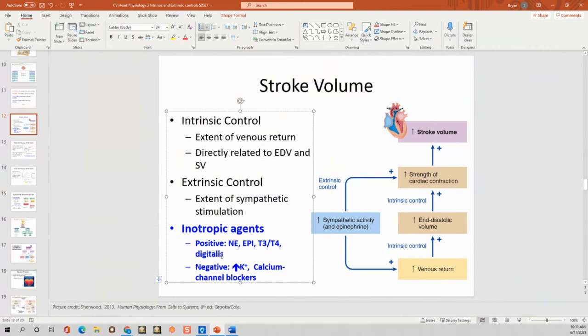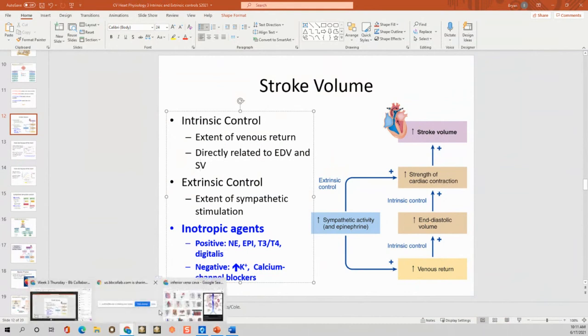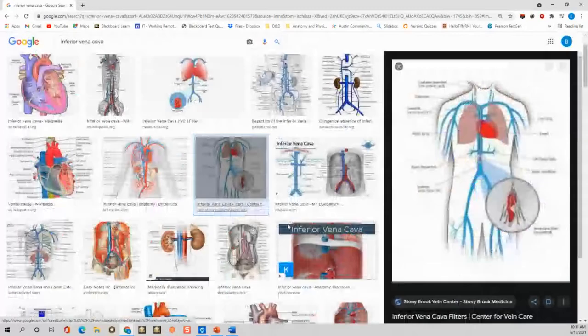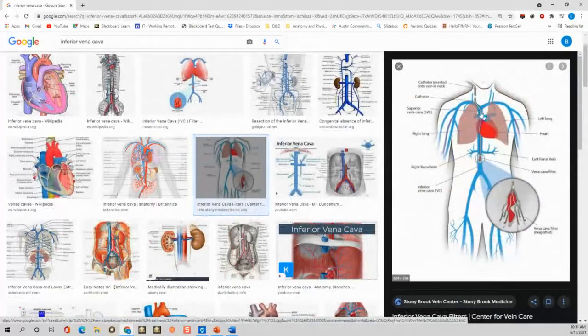It does, Heather, but to a much lesser degree. And if you actually look at pictures of the superior vena cava, look, there's that superior vena cava. That's it. Just that little tiny portion right there. And think gravity, right? This isn't a reservoir.